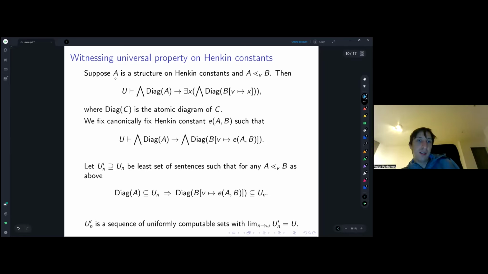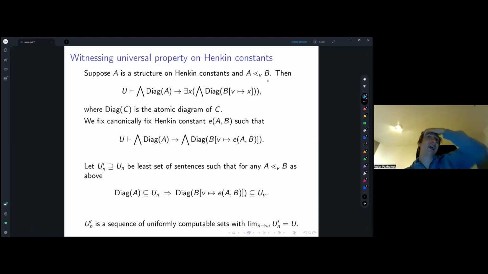I consider some structure A on Henkin constants. To remind you, structure means finite structure, and on Henkin simply means that the elements of this structure are Henkin constants from the language of theory U. Then we consider some neutral extension B, getting additional elements that might not be Henkin constants, and we don't care.